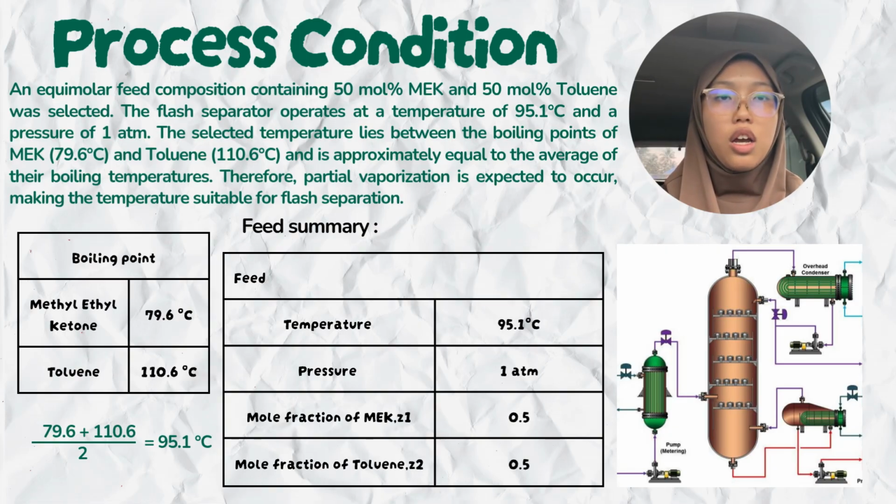In addition, 95.1 degrees Celsius is approximately the average of the two boiling temperatures. Under this condition, partial vaporization can occur, allowing the separation of the binary mixture through flash separation.